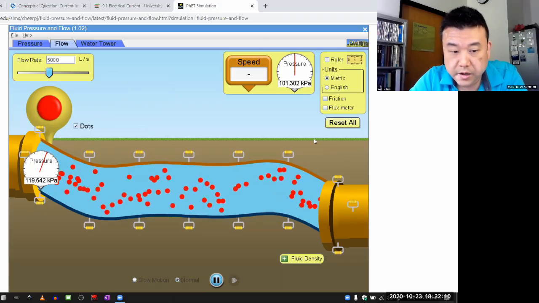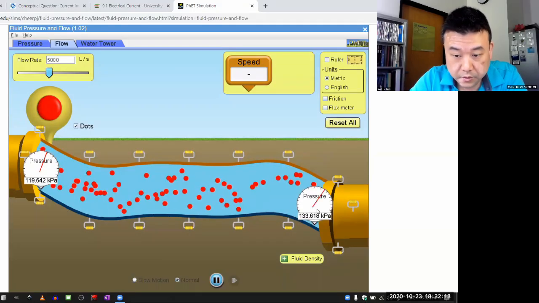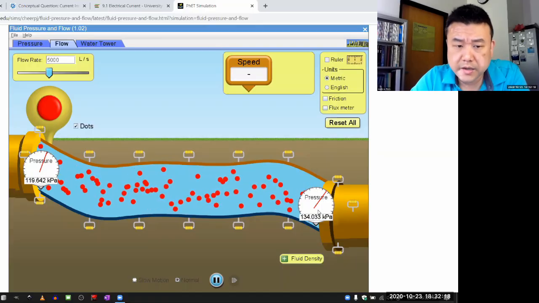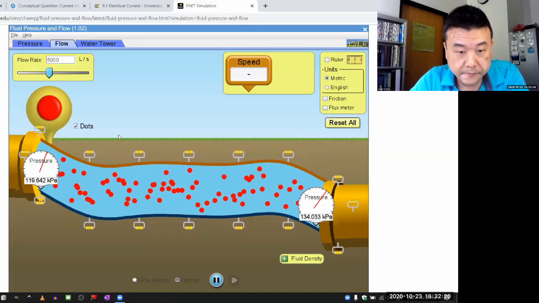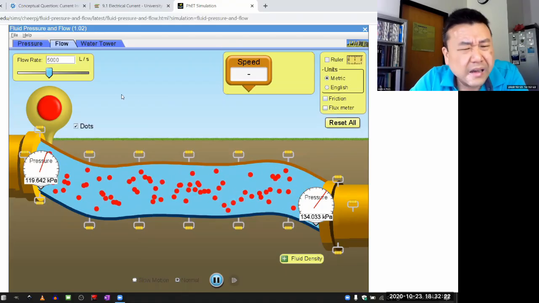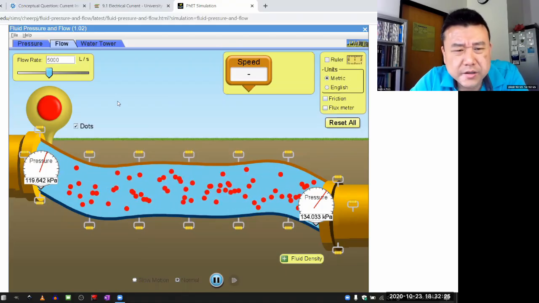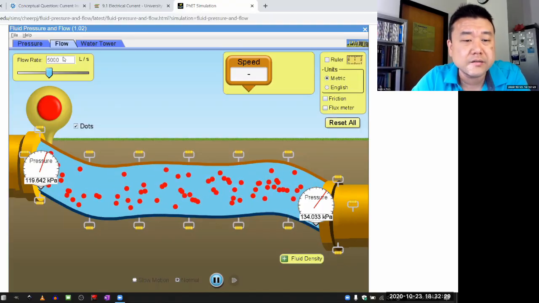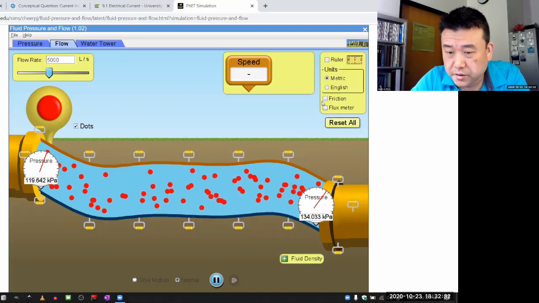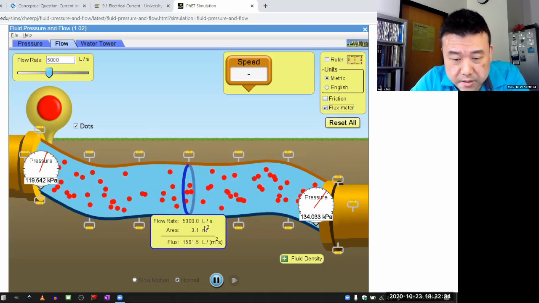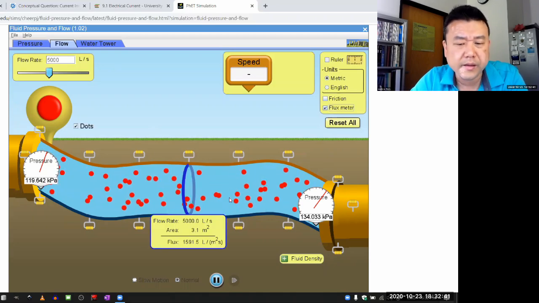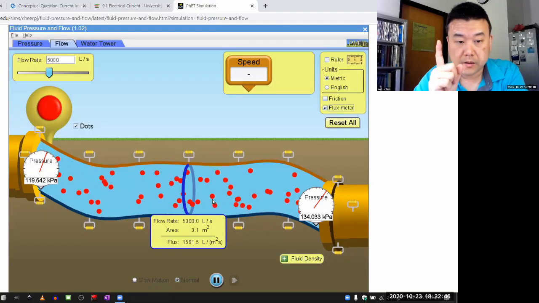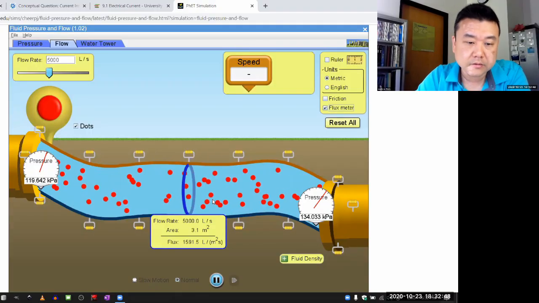And that pressure difference would drive the flow, but the way this simulation is set up, because it's set to a constant flow rate, it wouldn't cause the fluid to flow any faster. So never mind that.